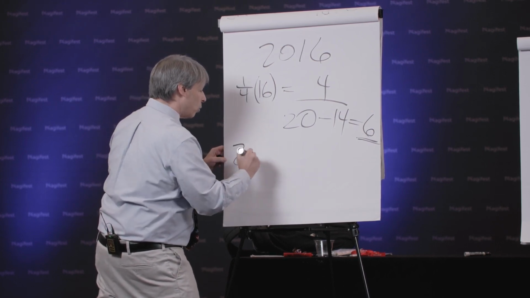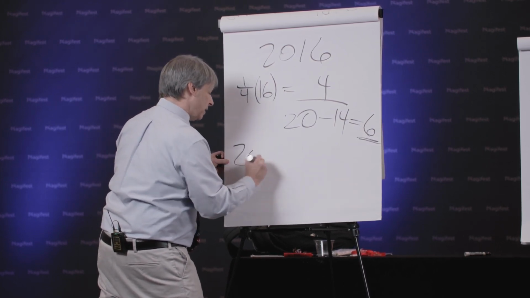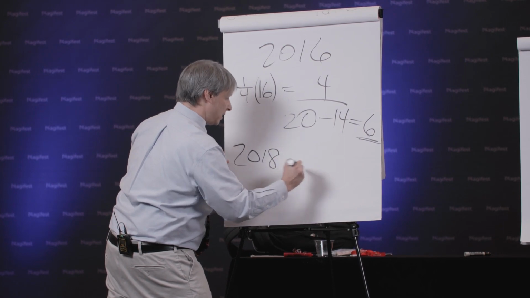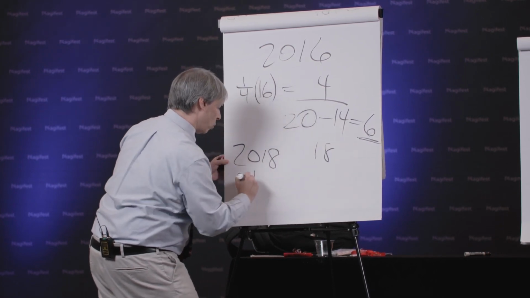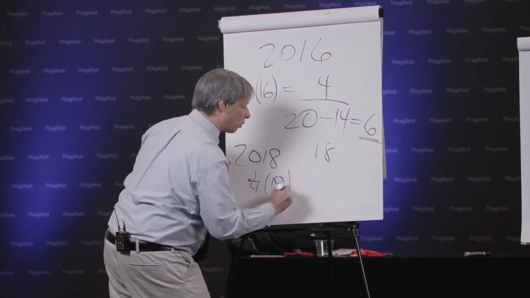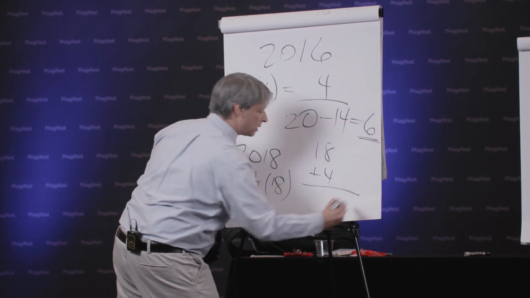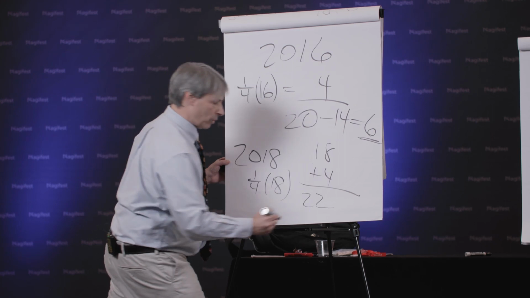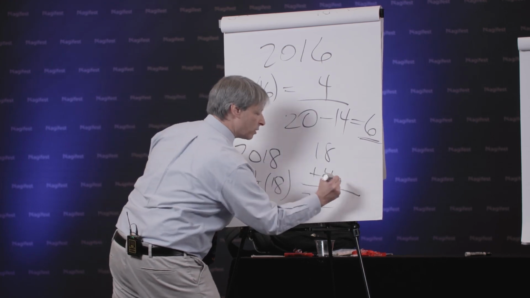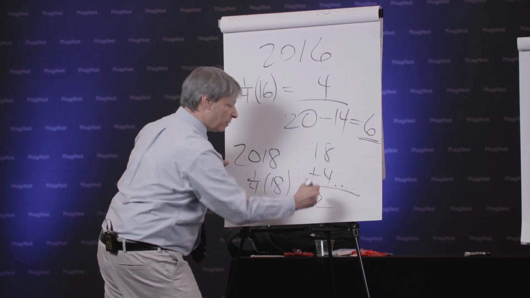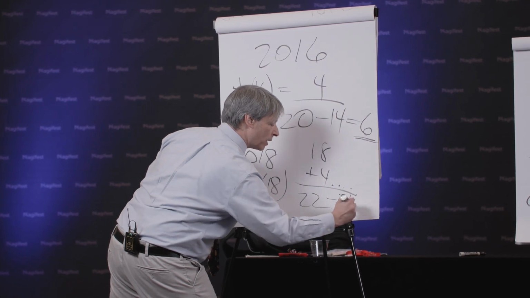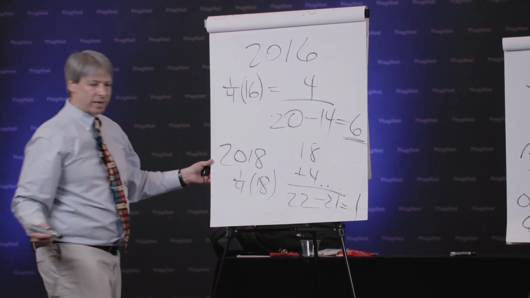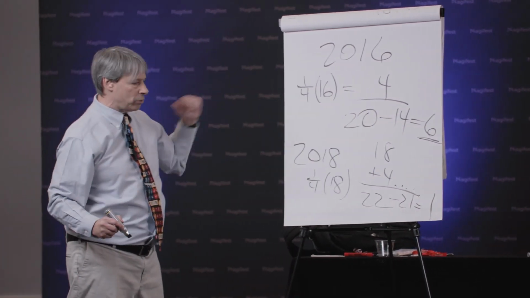If it was 2018, I take a quarter of 18, which is 4 point something, but ignore the point something. 18 plus 4 is 22, minus 21 is 1, and that's the year code for 2018.